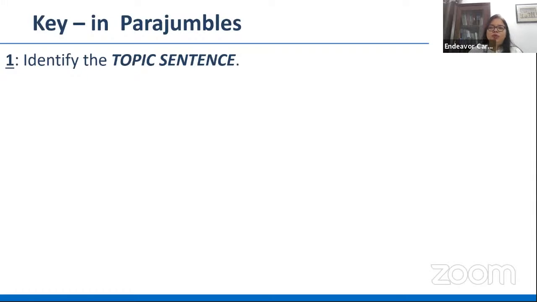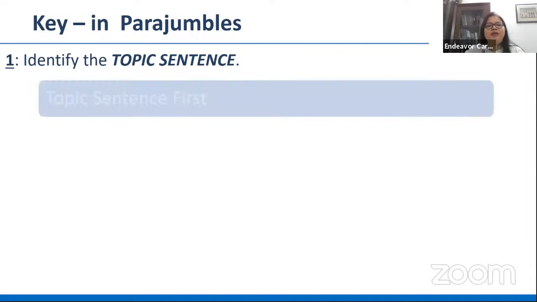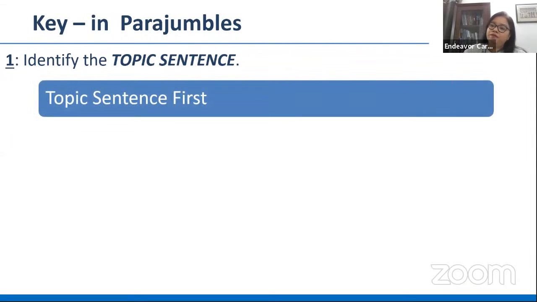All right. The more we are able to see, when I'm given 5 sentences, which sentence can be identified as the most important sentence and the other sentences revolve around it, the more I'm able to relate to paragraphs, and I will find that I'm also able to relate to parajumbles. So, in a paragraph, I may find the topic sentence being the first sentence.